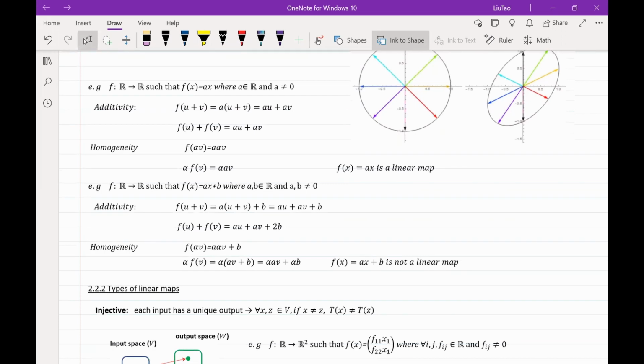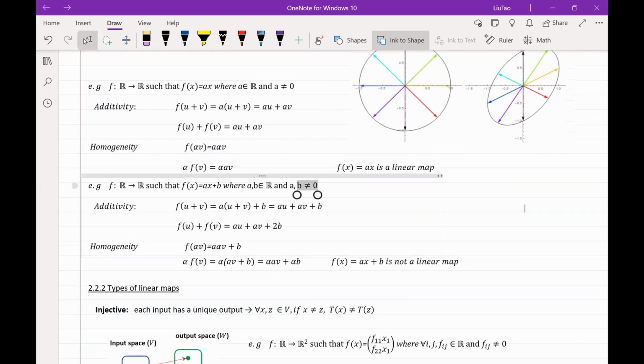If we have a map from R to R such that f(x) is equal to ax, where a is a real number and a is not equal to 0, then we can test if this is a linear map by checking additivity and homogeneity. For additivity, we need to test if f(u plus v) is equal to f(u) plus f(v).